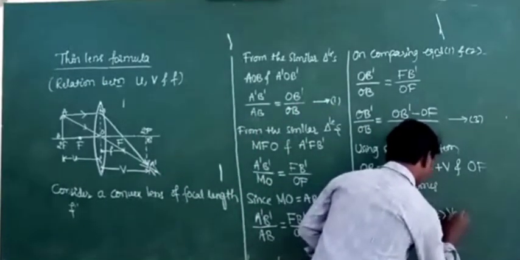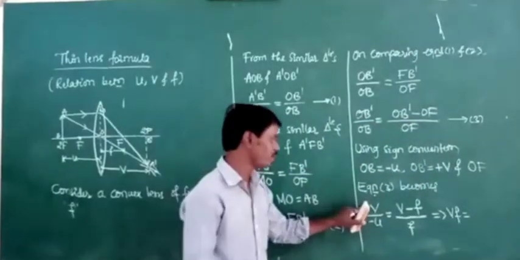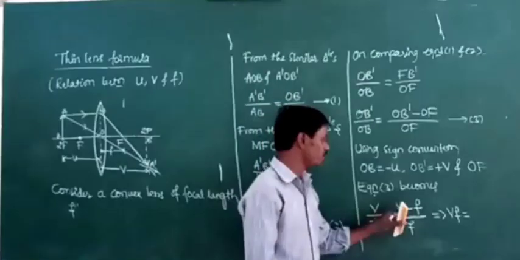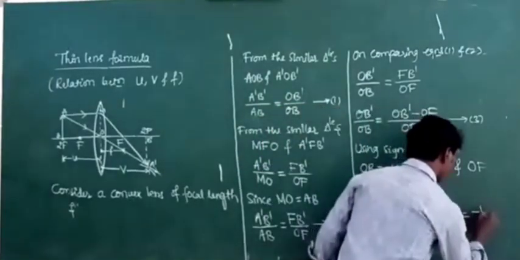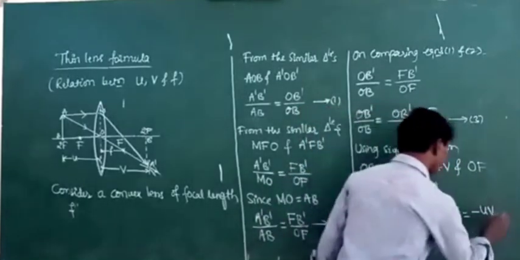That is V into F is equal to minus U into V, minus UV, then minus U into minus F, that is plus UF.